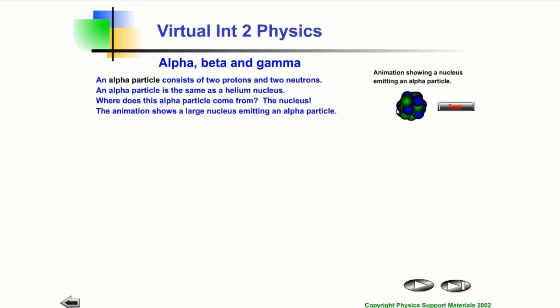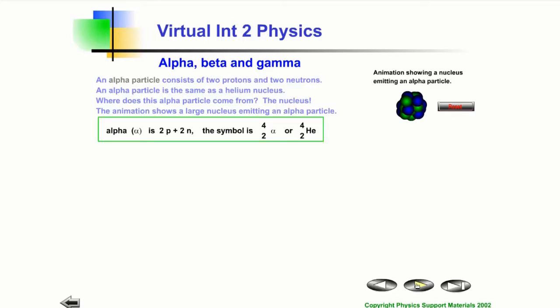So an alpha particle consists of 2 protons and 2 neutrons, and you can see that what's left is a smaller nucleus. So when an alpha particle is emitted, the nucleus that's left is smaller. You've actually changed the element that you've got left.